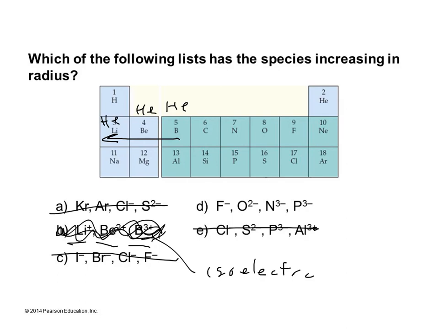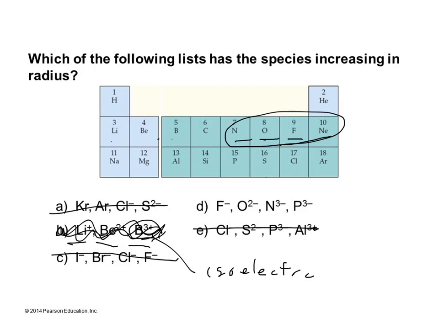So that leaves us these, our last little hope for humanity here. Fluoride, oxygen, D here. Let's take them 3 at a time. Notice that fluoride, oxide, and nitride are all isoelectronic with neon.